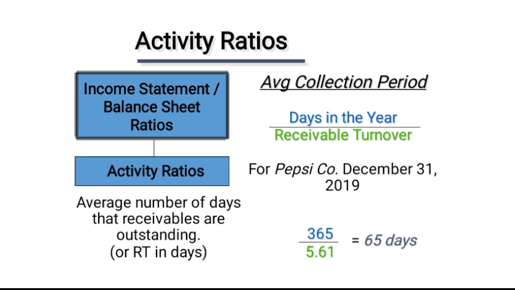So the answer is 365 total days in the year divided by receivable turnover from the last slide, 5.61, which was calculated by dividing net credit sales by total receivables. We get 65 days, so the average collection period is 65.